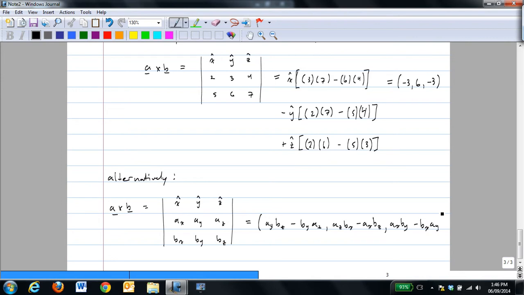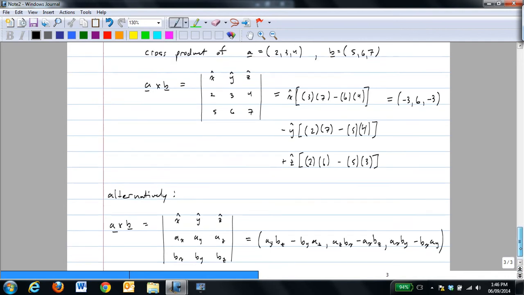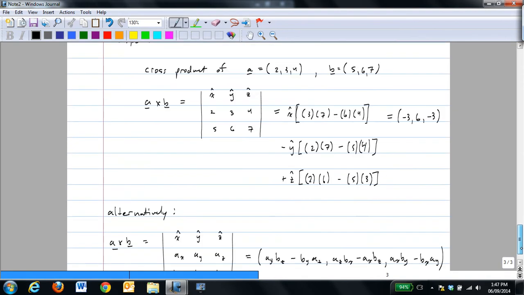So you can either memorize these to find the cross product, or you can use this here, which is the exact same way, except you don't have to do the cofactor expansion. So notice that in the dot product we get a scalar value, and in the cross product we get a vector. Okay.